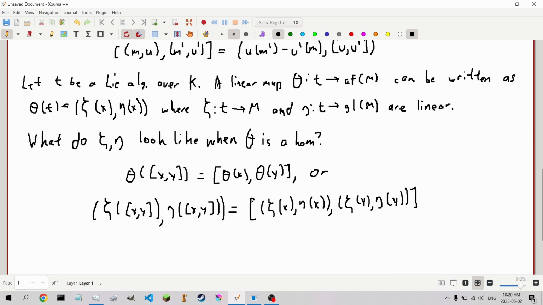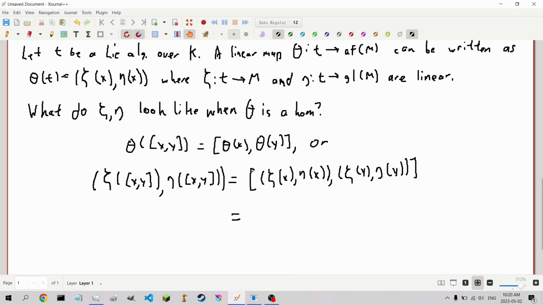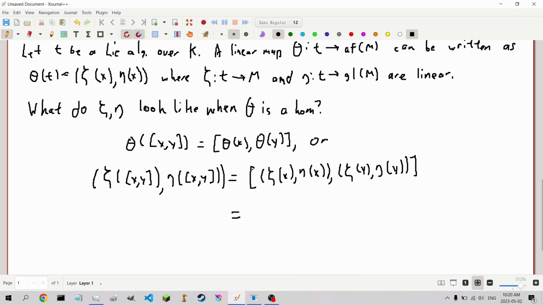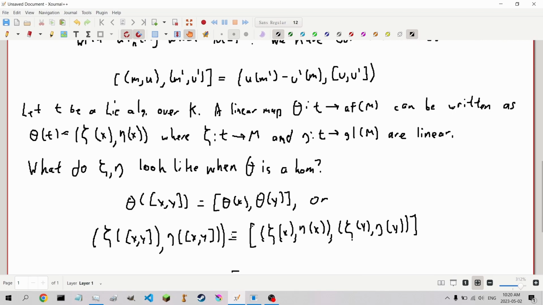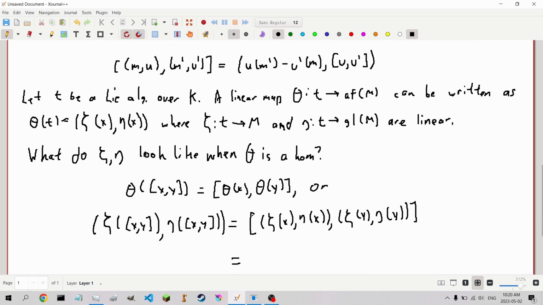And then, because of the way the semi-direct product works, we have the formula above here, right?